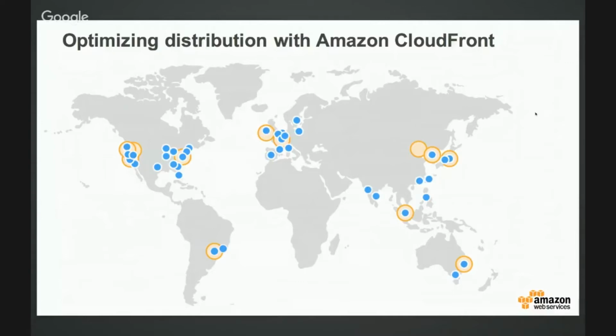The yellow dots that you see on these maps are the AWS regions, and we have those all around the world, but we have even more points of presence of our CDN, so you can serve your cached static content directly from these blue locations and have lower latency and a better performance for your website.